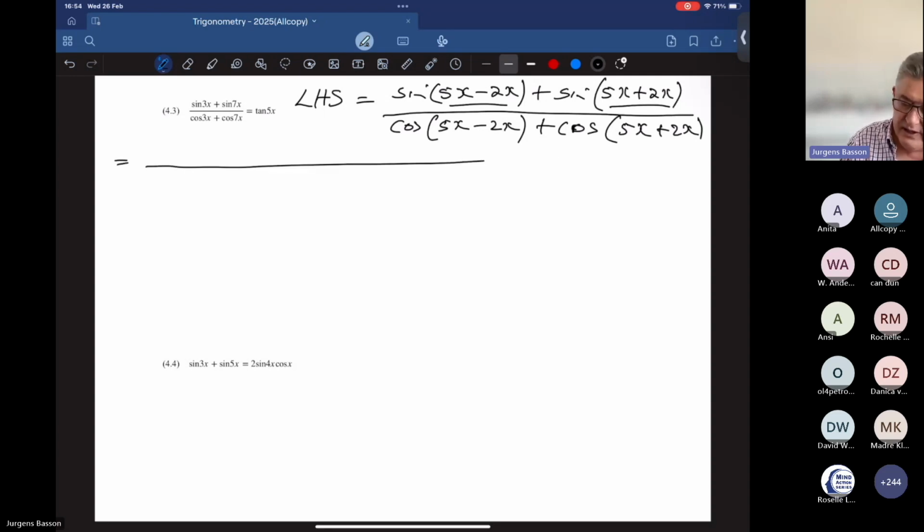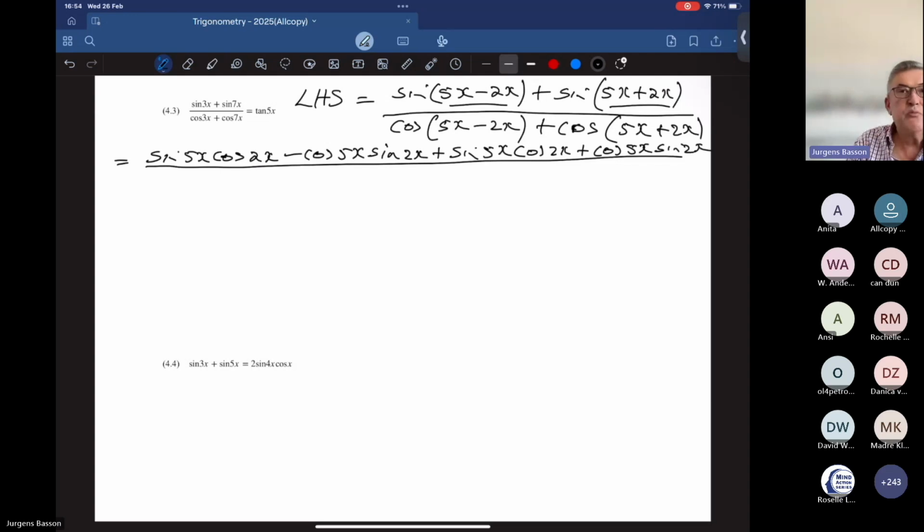I must now try to expand top and bottom. Let me see what happens. It is sine 5x cos 2x minus cos 5x sine 2x plus sine 5x cos 2x plus cos 5x sine 2x. All right, there is the numerator.